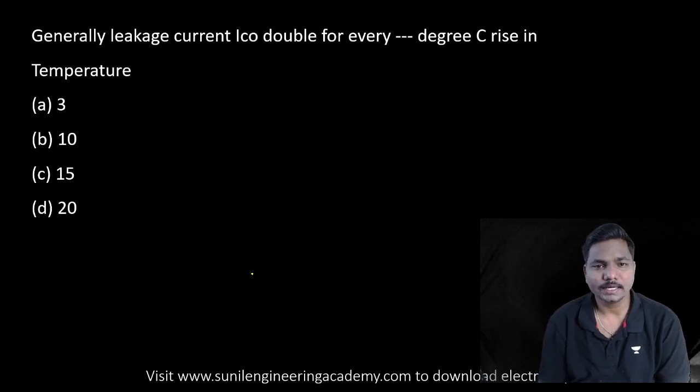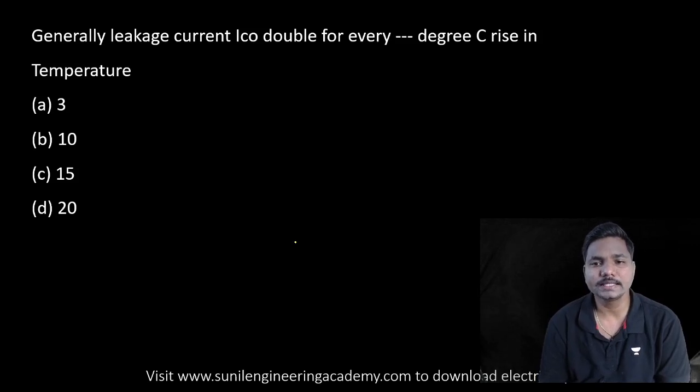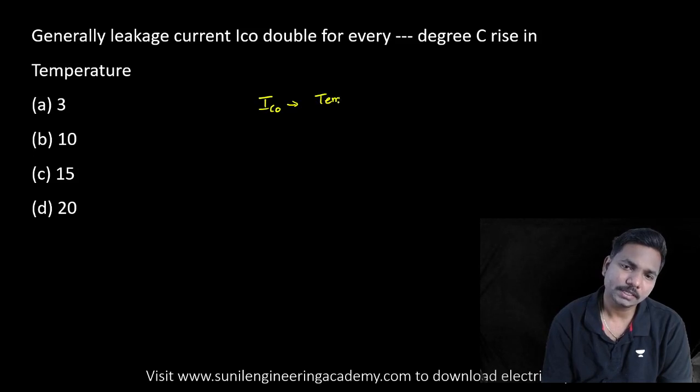Generally, leakage current, that is ICO, doubles for every dash degree centigrade rise in temperature. ICO depends on temperature. It is generated due to thermally generated minority charge carriers.